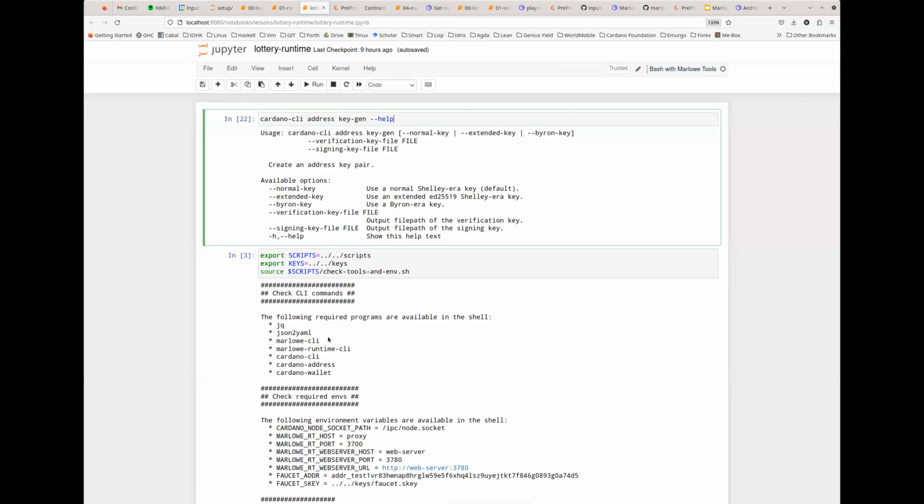We will demonstrate that probably on Monday already. But then there are also, like Robertino said, this TypeScript library for Marlowe, so there are also third party TypeScript libraries, not written by IOG. Lucid is very nice. It's basically a TypeScript library for stuff that the Cardano CLI does, but in TypeScript.